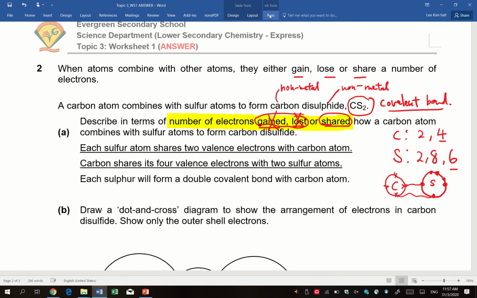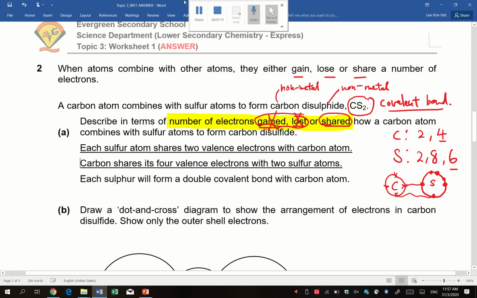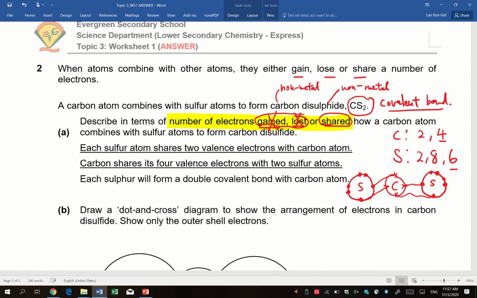If I were to draw another sulfur atom, 1, 2, 3, 4, 5, 6, you should share electrons over here. Each of the sulfur will form a double covalent bond with the carbon atom. So this is how your CS2 is formed.